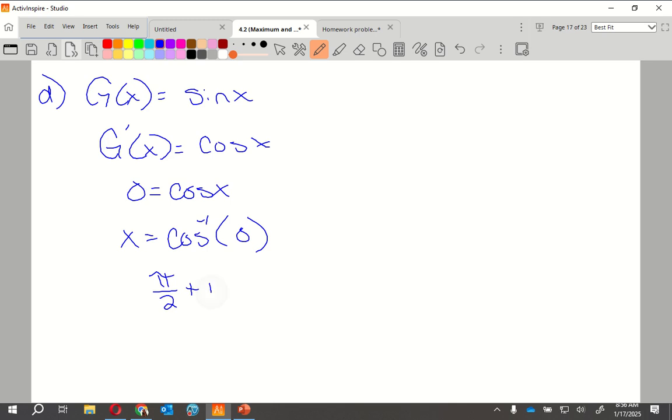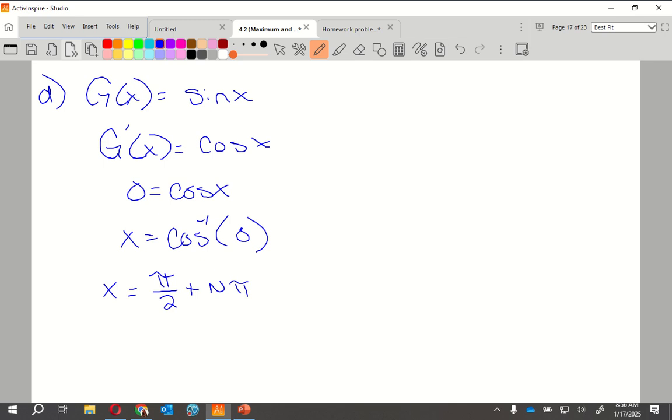So it would be n pi. So this one right here is going to give me, at my first n, 0, pi over 2.